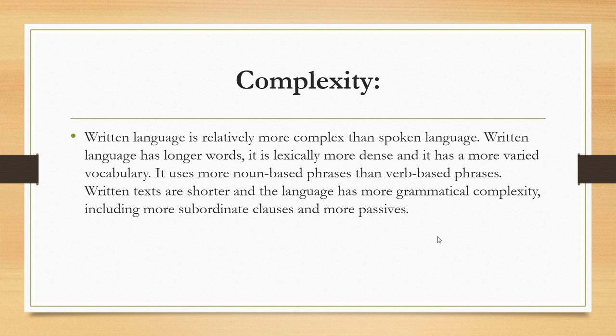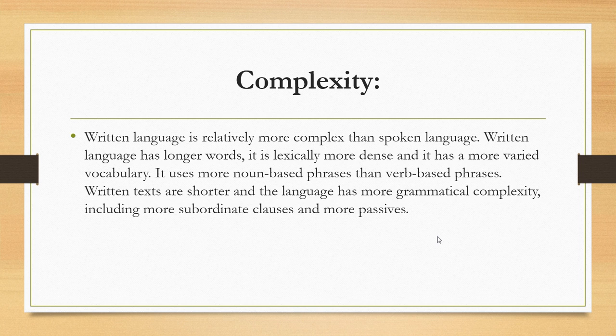It uses more noun-based phrases than verb-based phrases. The structure of the phrases is also different from written to spoken language. Written texts are shorter, and the language has more grammatical complexity, including more subordinate clauses and more passives.